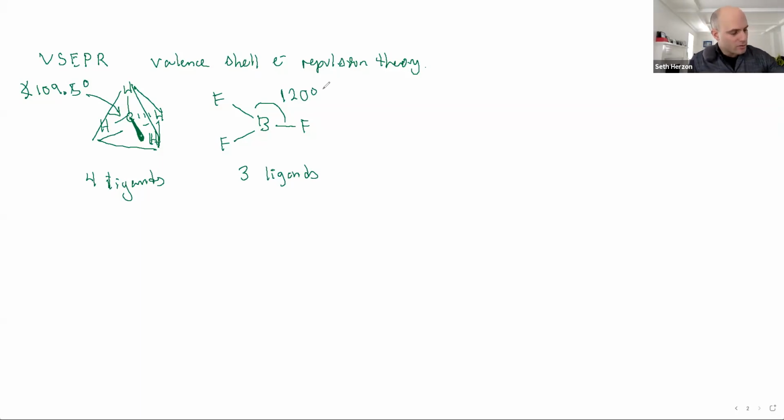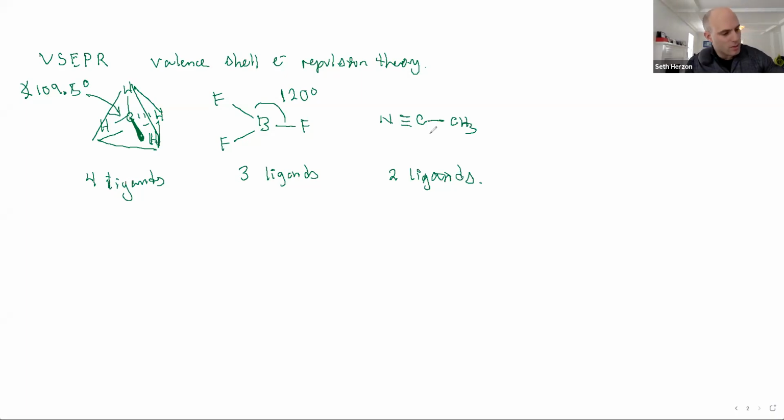And then going down to 2, it should be hopefully intuitive. This is acetonitrile. It's a very common solvent in organic chemistry, actually.